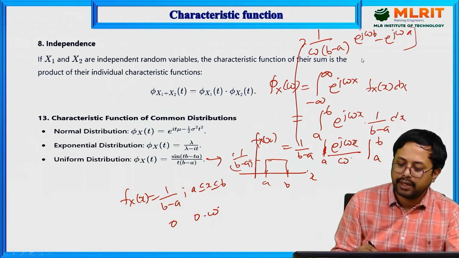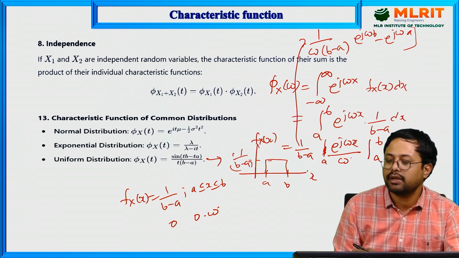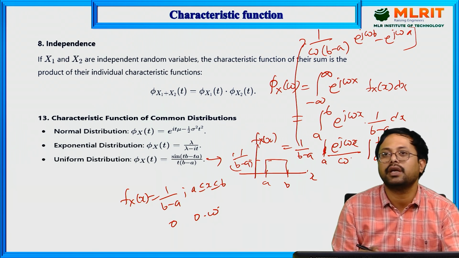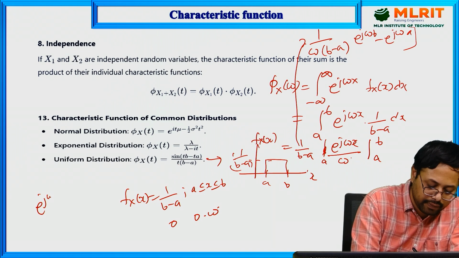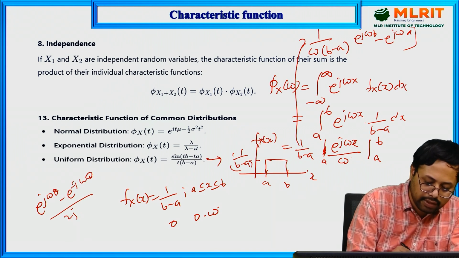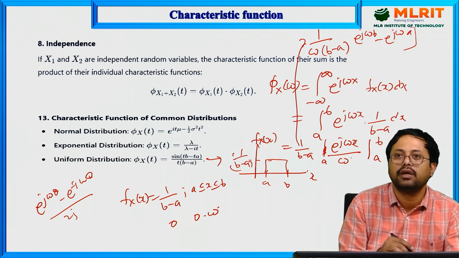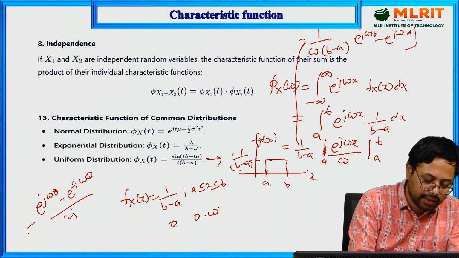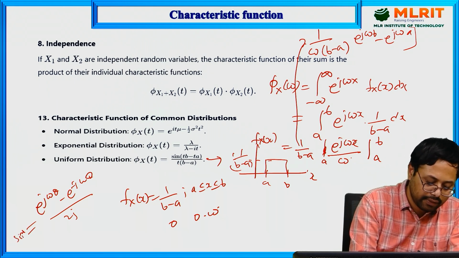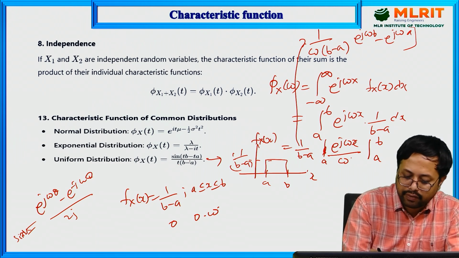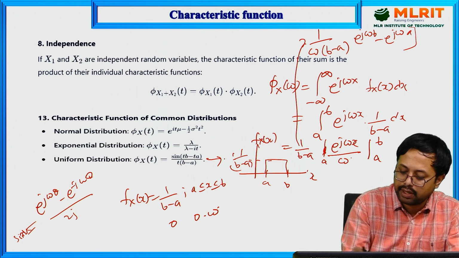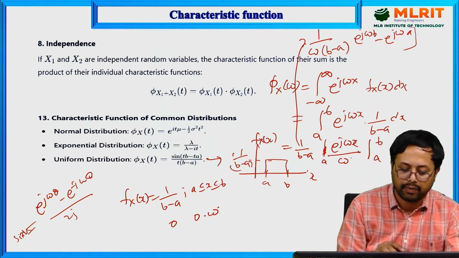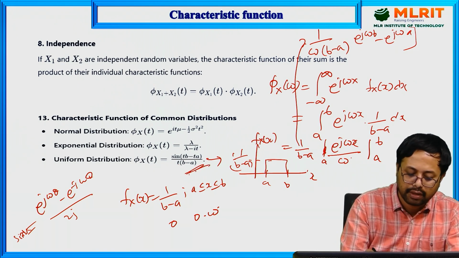Now multiply and divide by 2: e power j theta minus e power minus j theta, divided by 2j, represents sine theta. Based on that, you get sine of t(b minus a) by t(b minus a). In place of t, here we have omega. The formula will be the same. This is the way to solve the uniform.